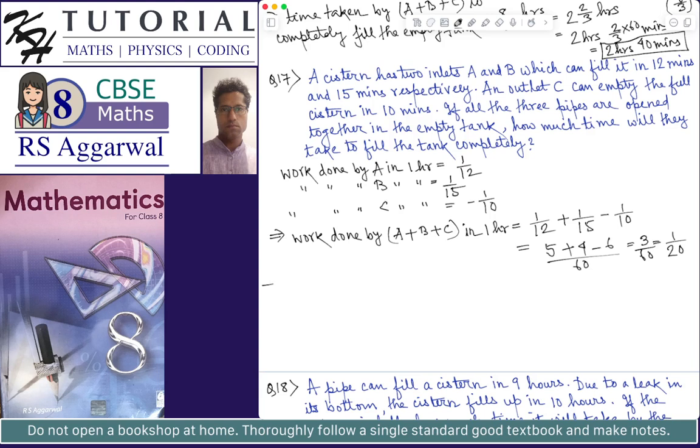So we can say that time taken by A plus B plus C to completely fill the tank is equal to 20 minutes, since the units of all the time in this problem is given as minutes.